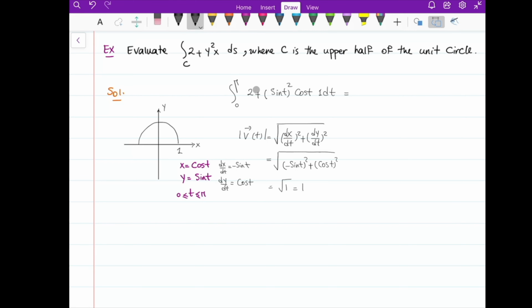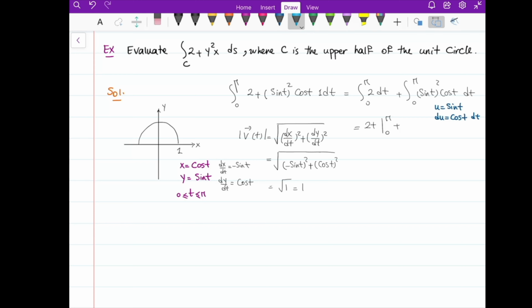So now let's take the integral. I have the integral of 2 dt from 0 to pi, and I have the integral of sine squared t cosine t dt from 0 to pi. Okay, the first integral would be 2t from 0 to pi, and for the second integral I need to use u-substitution. u is sine t, du would be cosine t dt.